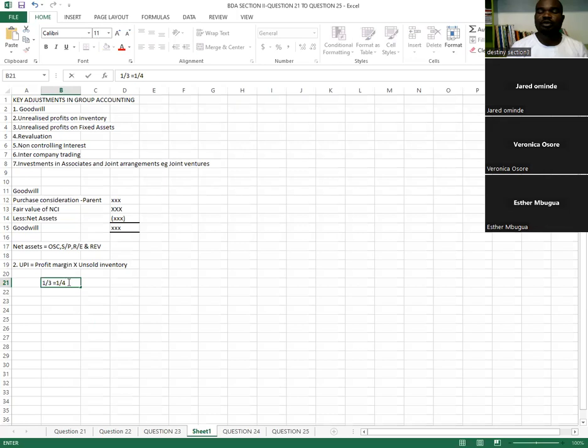They will tell you it is profit on cost. When they mention cost, that is markup. Markup is to cost. Margin is to sales. So for unrealized profit, we don't use markup, we use margin. In case they give you markup, you convert markup to margin.